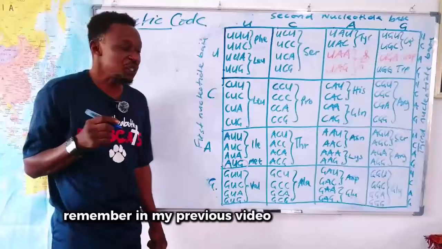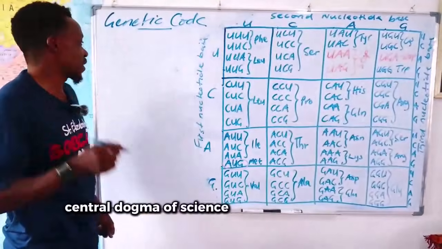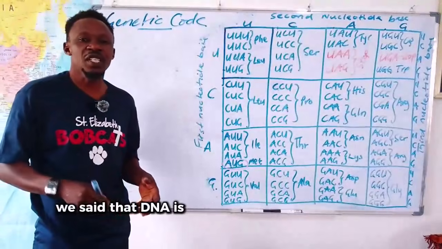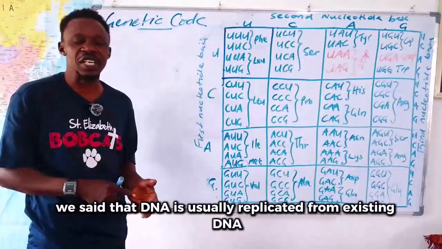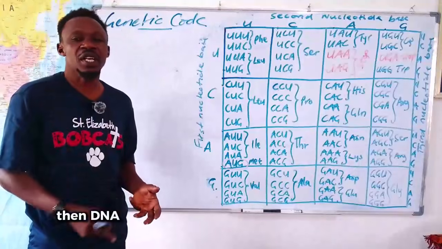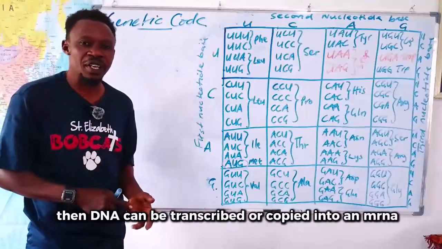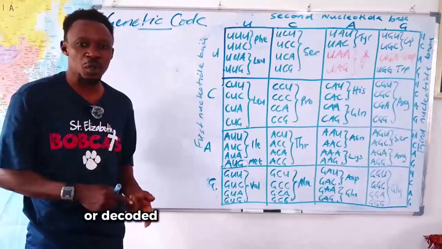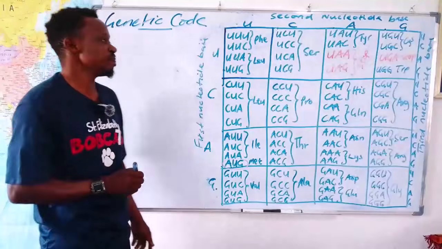Remember, in my previous video, I talked about the central dogma of science. In the central dogma, we said that DNA is usually replicated from existing DNA. Then DNA can be transcribed or copied into an mRNA, and the mRNA can be translated or decoded to give you a functional product like protein.